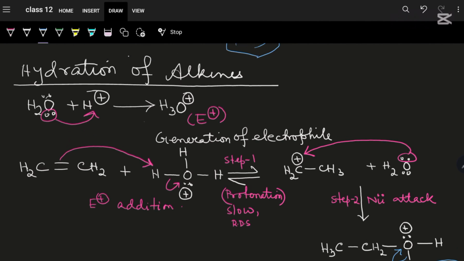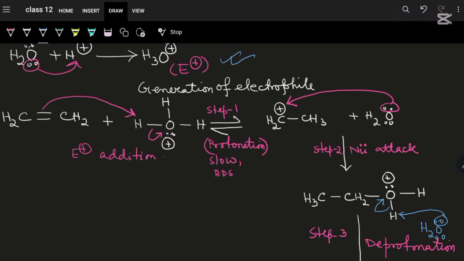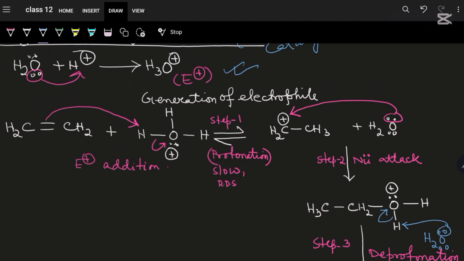Alkenes get hydrated in acidic medium. So it is acid catalyzed hydration in order to form alcohols. So let us see what is happening. H2O abstracts H plus to form H3O plus, which is the electrophile. So this is the generation of the electrophile, followed by electrophilic addition.